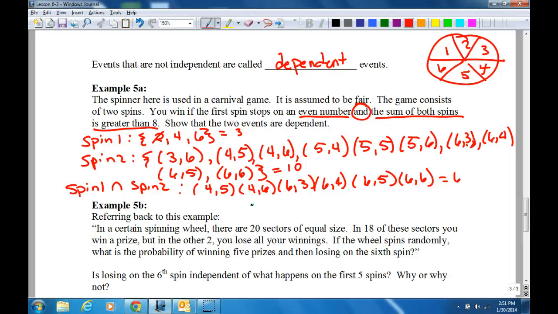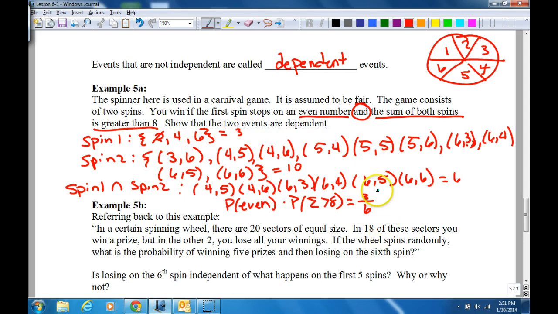Okay, so we want to find the probability of it being even times the probability of the sum, I'm using my sigma notation for that, being greater than 8. My probability of it being even was 3 out of 6, right?